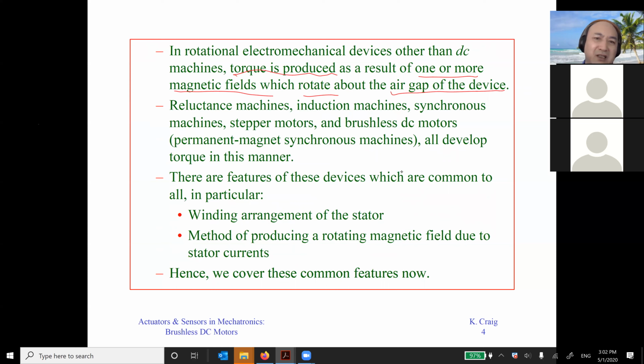One is called a reluctance machine, one is an induction machine, one is a synchronous machine, a stepper motor, and brushless DC motors, which we are talking about here. Brushless DC motors are also called permanent magnet synchronous machines. So it's a synchronous machine. They develop torques in such a manner that the magnetic field is no longer static.